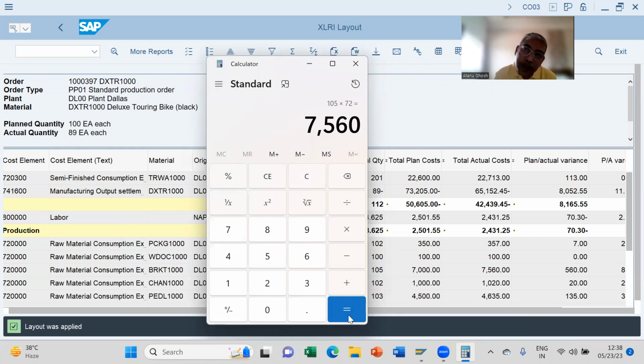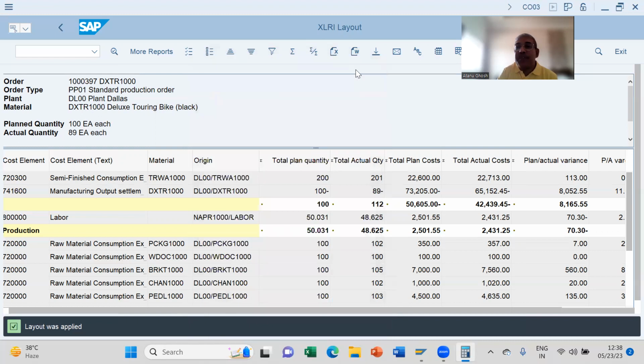That can be the moving average price at the time of standard cost estimate, or any other price which the costing manager feels is right. Obviously, the difference between this is the planned versus actual, and you can get the percentage from that.